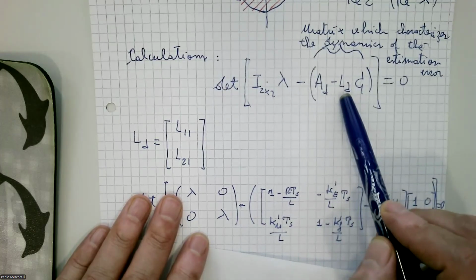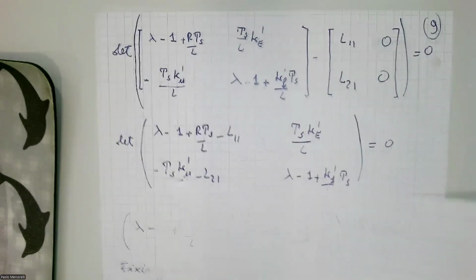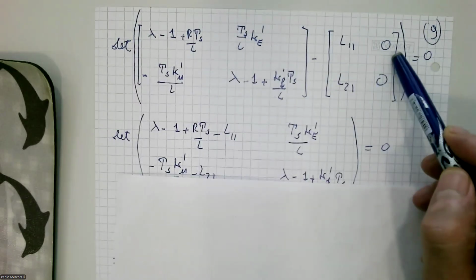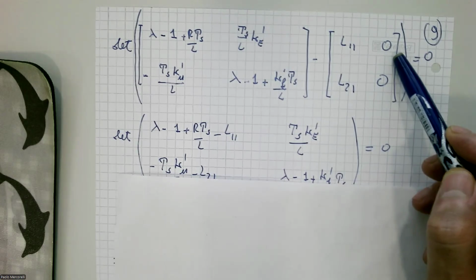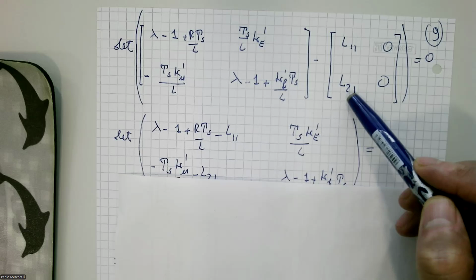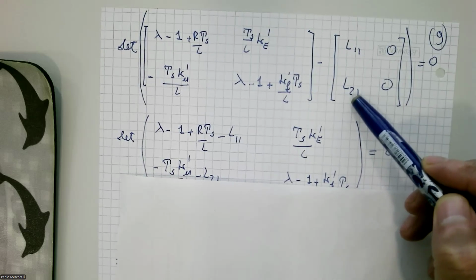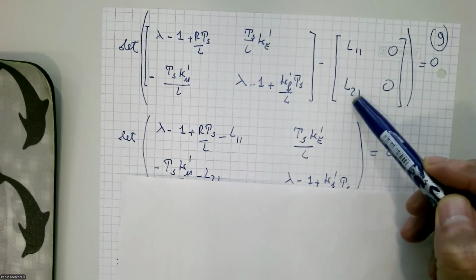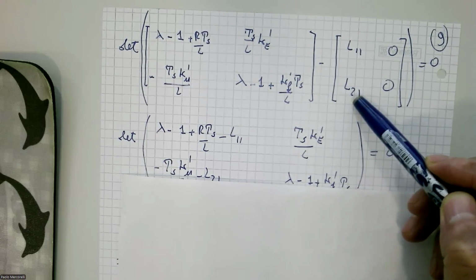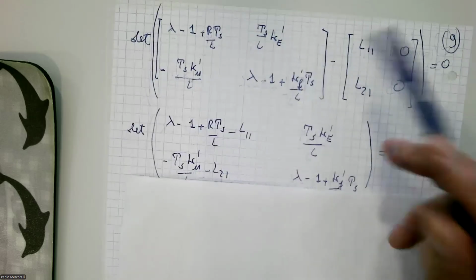Let me go slowly. LD multiplied by C. Why is this? Because it's the matrix L11 first row, L21 first row multiplied by 1, 0. It is a matrix 2 times 2. Why that? Because it is the product between a matrix 2 times 1, which multiplies a matrix 1 times 2. This is the product LD multiplied by C. Why minus?